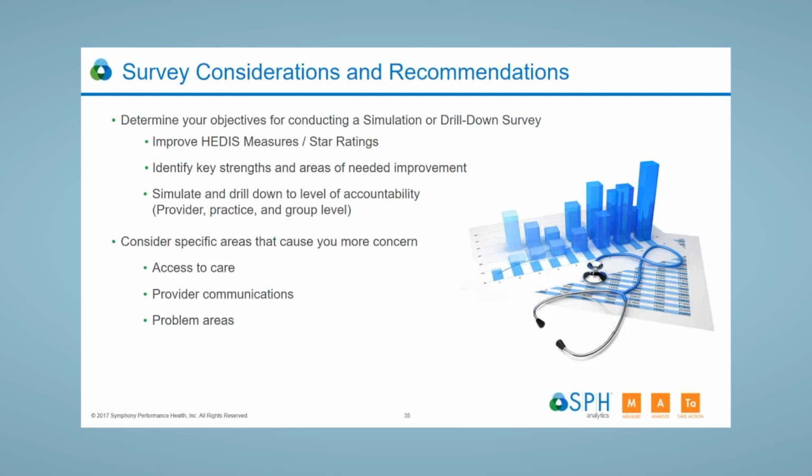Or are you looking to simulate the regulatory survey for specific segments of your provider network or member population? You'll also want to think about whether there are specific areas of concern in plan services or delivery of care. Typically, this might include access to care or areas in provider communications, both of which are key drivers of member satisfaction with either their plan or the health care that they receive.